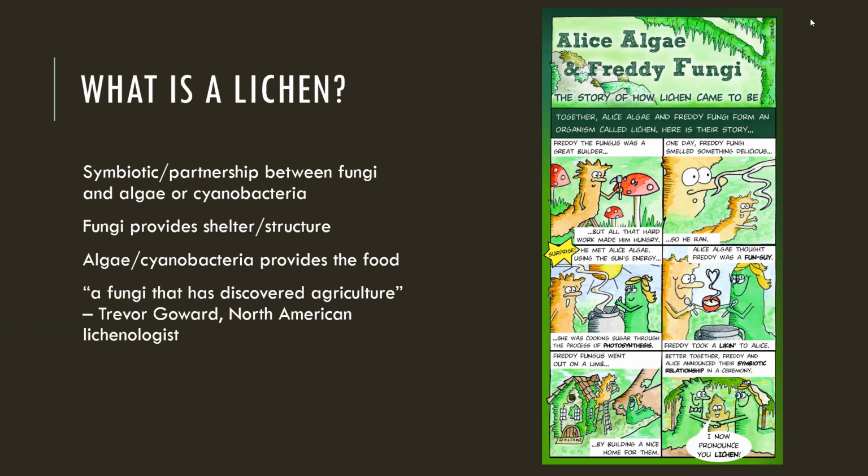The fungi can't create the food, but the algae does, but the algae can't create the shelter, so it's a win-win for both of them. Trevor Goward, a North American lichenologist, has once described lichens as a fungi that has discovered agriculture. So basically, the fungi is taking advantage of the algae cyanobacteria.